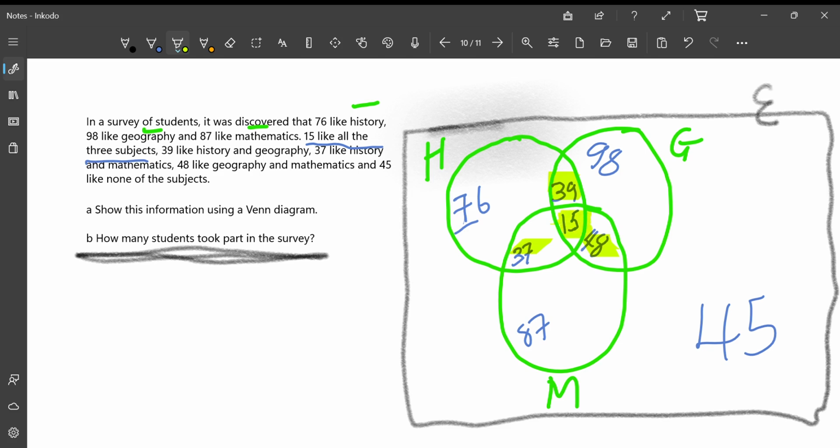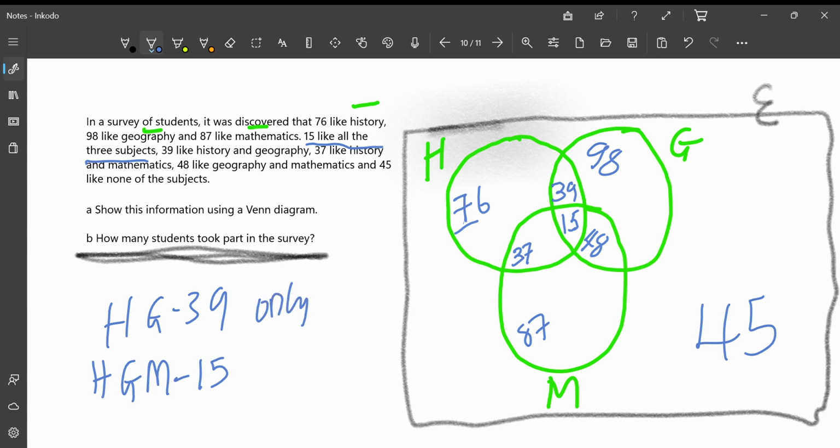They are inside this 15, among these 15 students. So for me to really know how many people like only history and geography, this is what I'm going to do. Since history and geography, I have that they are 39. But I have that history, geography, and maths, they are 15. For me to know how many is really history and geography only, I'm going to subtract 15 students from it.